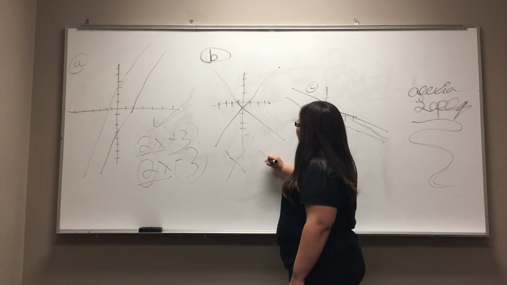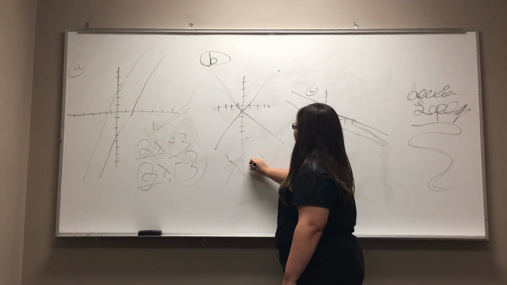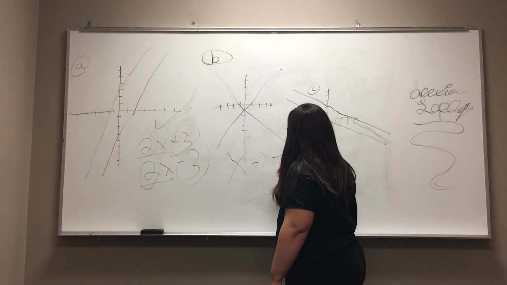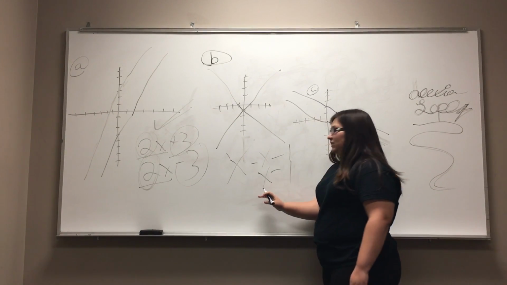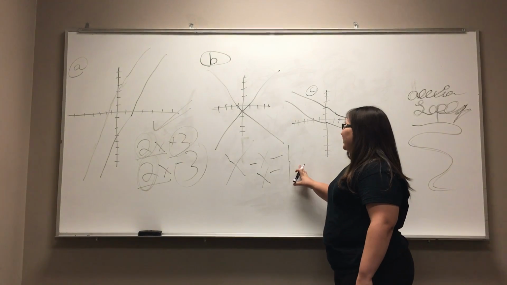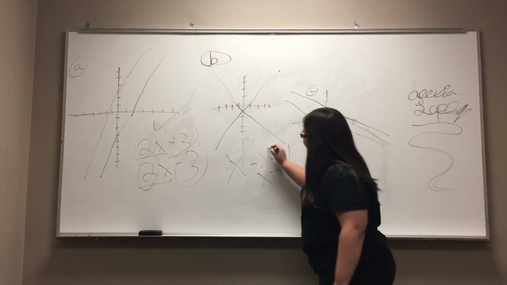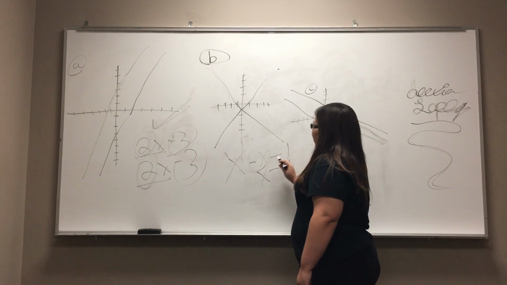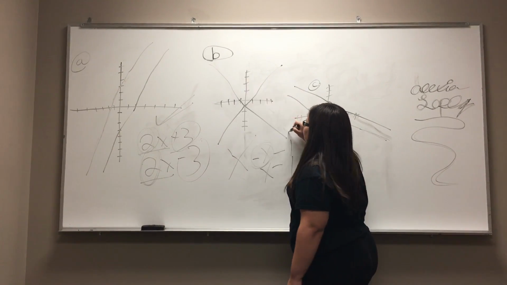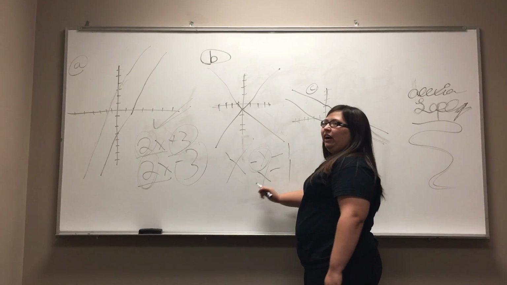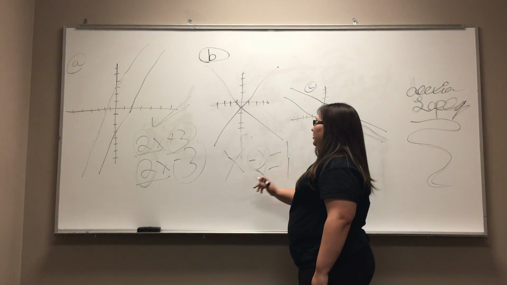These are x minus 1, x minus 1. Since they look exactly the same, however, there's a negative sign on this one. Therefore, this one is pointing that way. This is not a parallel equation.